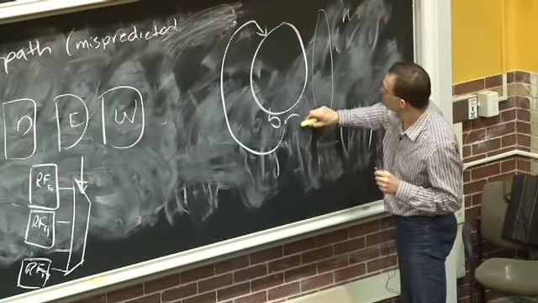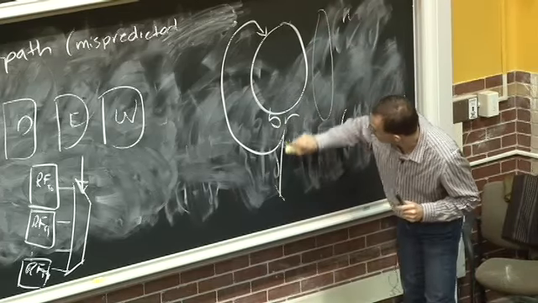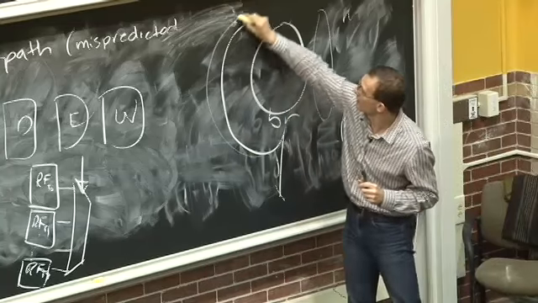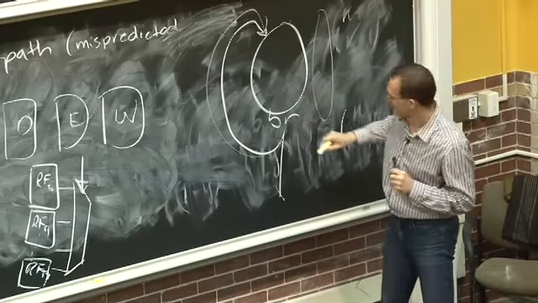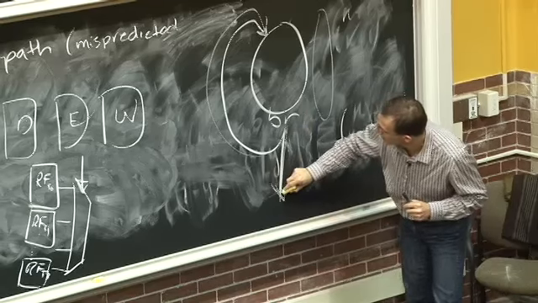Assuming that the first iteration is correct, when you fall through the loop the first time, you mispredict, because the prediction is biased to taken, but you're falling through the loop, so it's not taken.